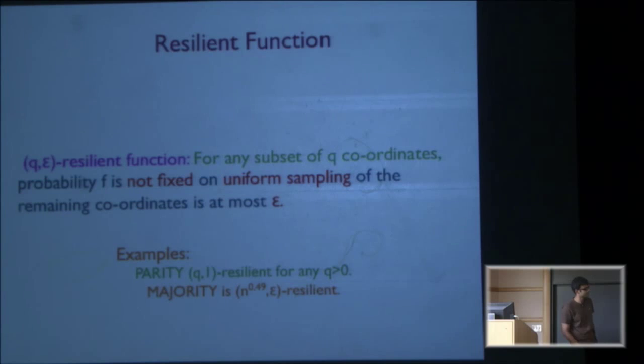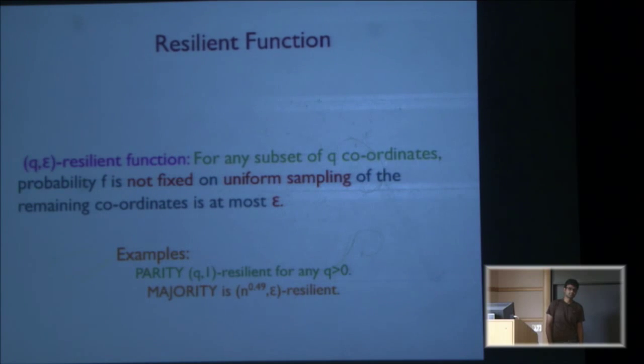If you fix q coordinates, then you sample the rest, and you want your f to be... You fix the location. You just look at some q coordinates, the first q coordinates, you randomly plug inputs for the others outside, and you want the restricted function not to be a constant.